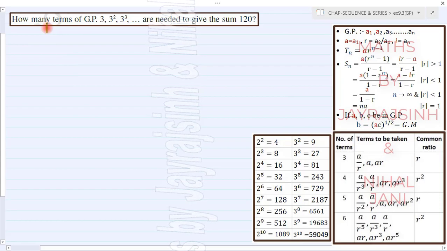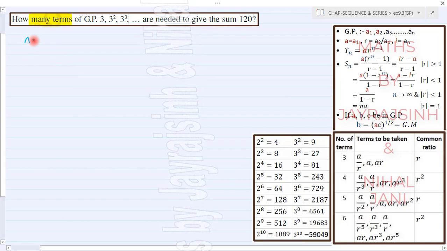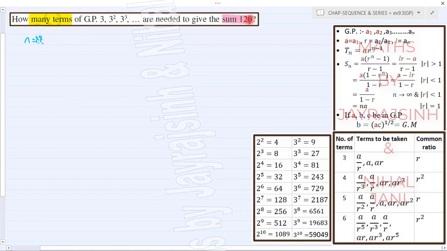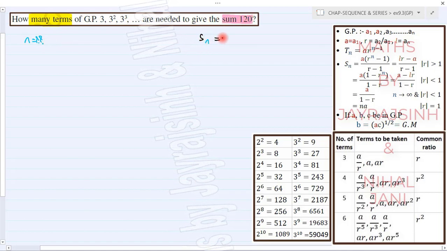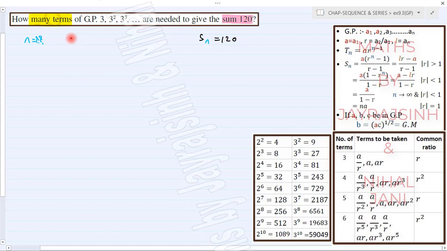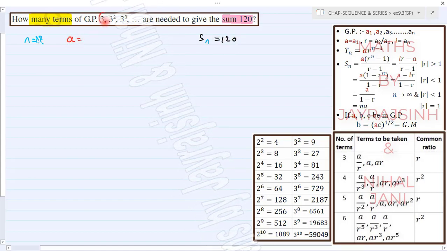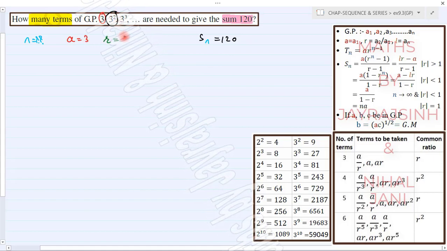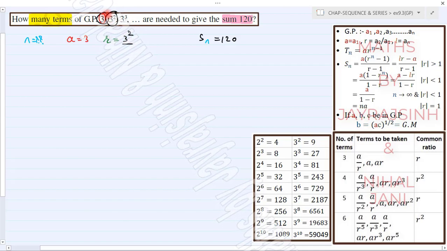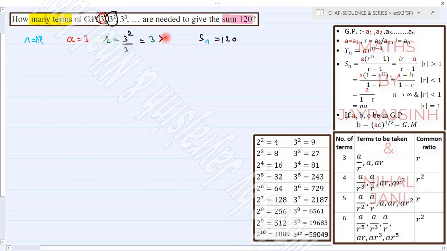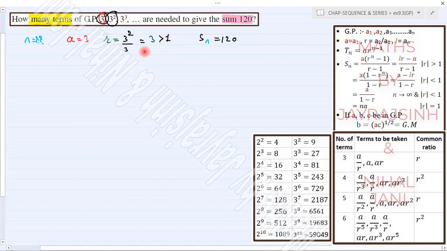In this question, we have to find how many terms are needed of this GP to give a summation equal to 120. Now, to get the value of n, we need the first term of the GP, which is 3, and the common ratio between the second term and the first term, which will be 3, and your common ratio is greater than 1.